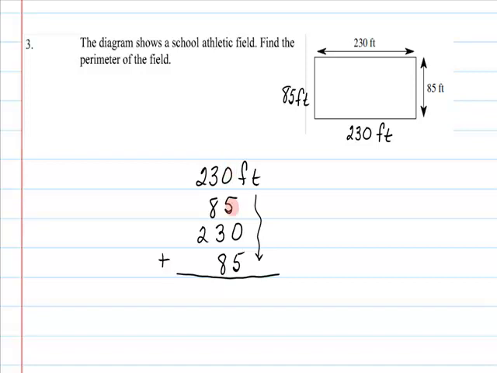All right, 0 and 5 is 5, plus 0 is still 5, plus 5 is 10. 1 and 3 is 4, plus 8 is 12, plus 3 is 15. 15 and 8 is 23. Oops, 23. Carry the 2. 2, 4, 6. The perimeter of this shape is 630 feet.